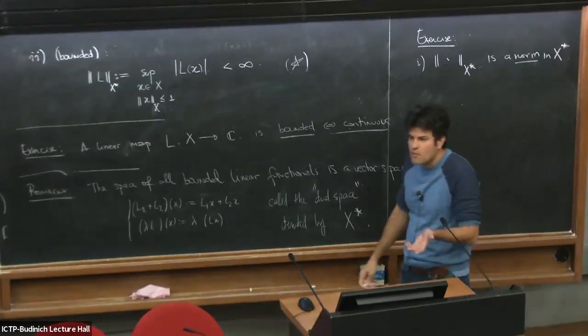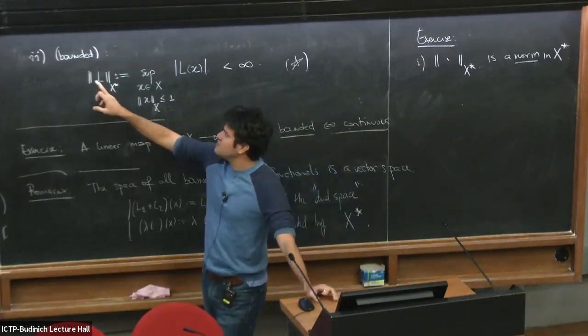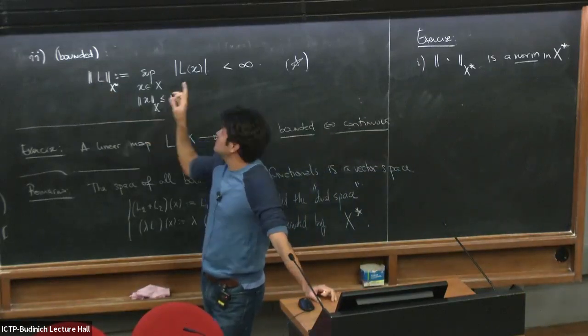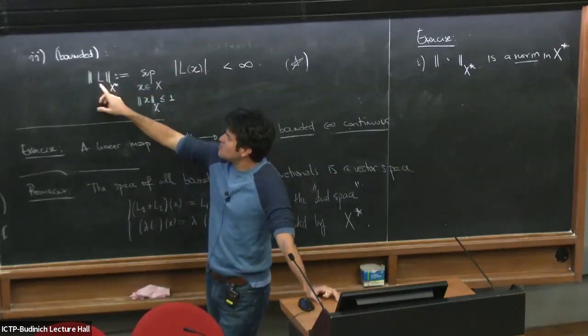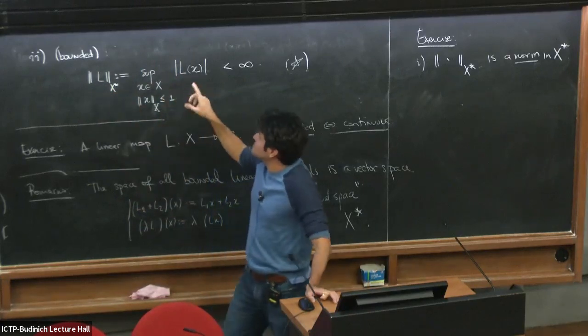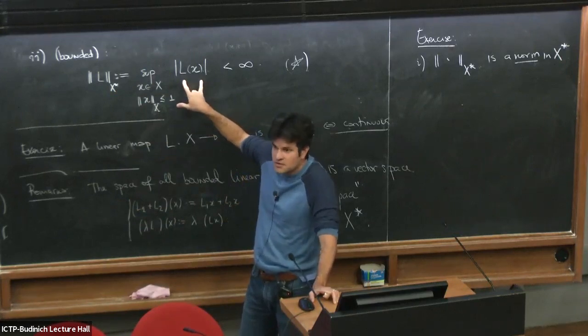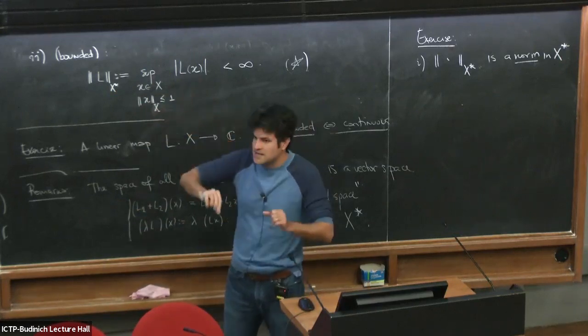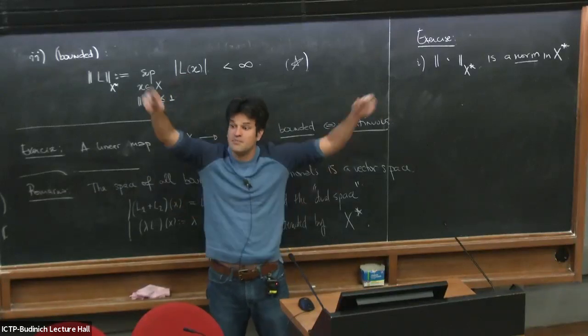This is not so complicated to do. It has to verify the norm properties. If you multiply by lambda, of course the lambda will come out of the sup. That's fine. If the norm of a functional is 0, this means that the sup of the modulus of L of x over the unit ball is 0, so all of these have to be 0. Then it's easy just by dilation: if L on the unit ball is 0, L at any point is 0.